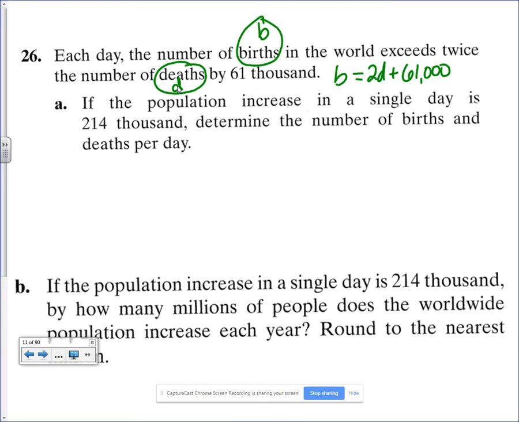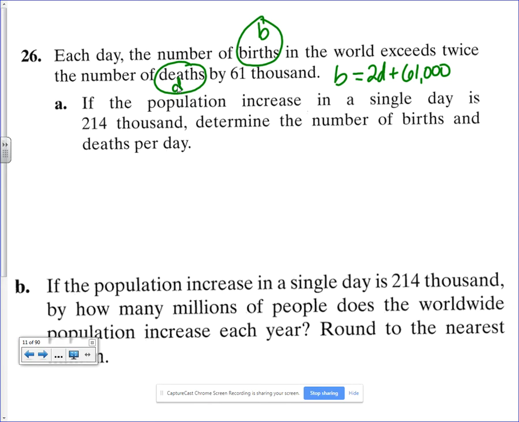So that's what I'm looking at for an equation. Births in the world exceeds means more than, so that's why I have a plus in there, twice the number of deaths by 61,000.